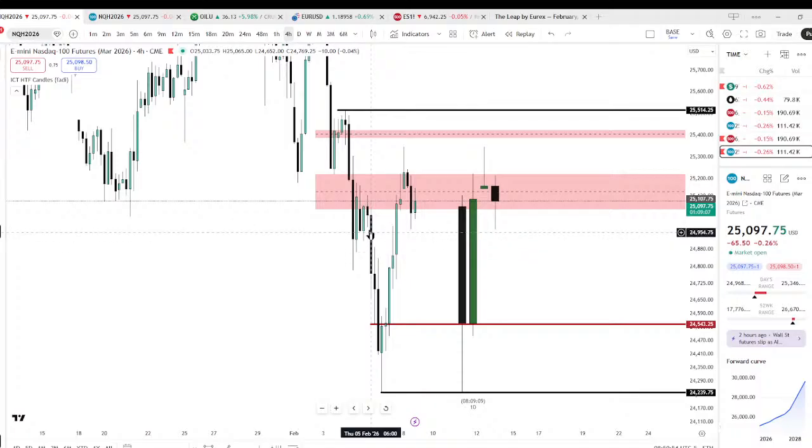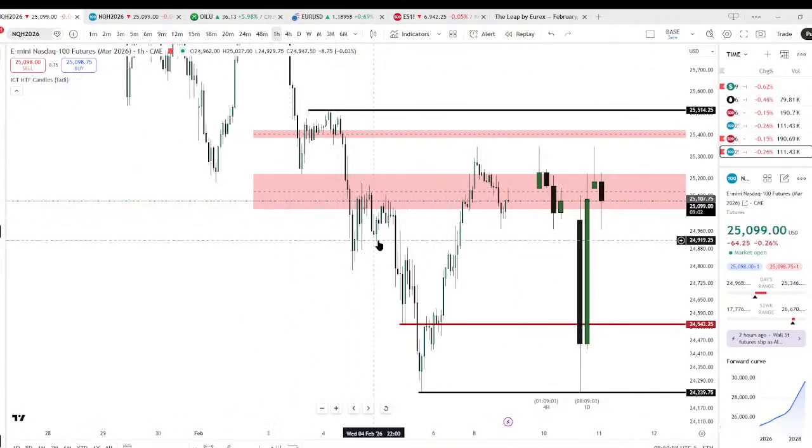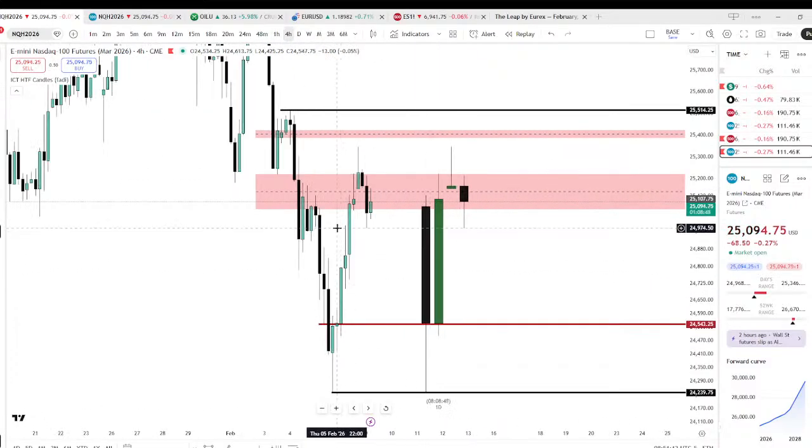So we have this inversion area. That was tapped into right here. So from this candle's low to this third candle's high, draw that out. See how it compares.